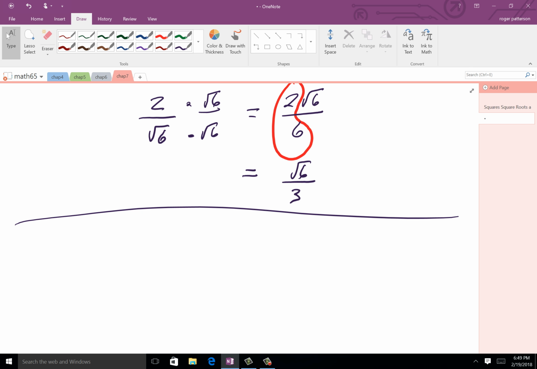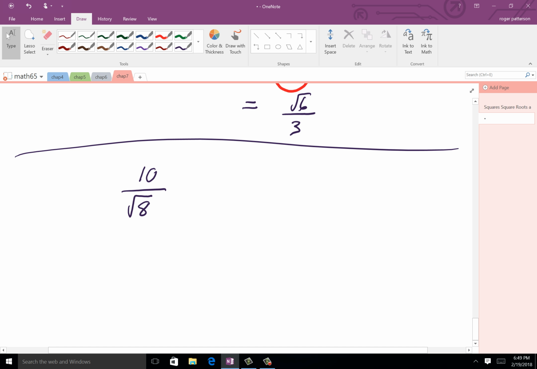So if we have 10 over the square root of 8, all right, and there's a couple ways to do this. All right. So we've got this situation here. We can't reduce the 10 and the 8 because the 8 is underneath the square root sign, so we can't reduce that.